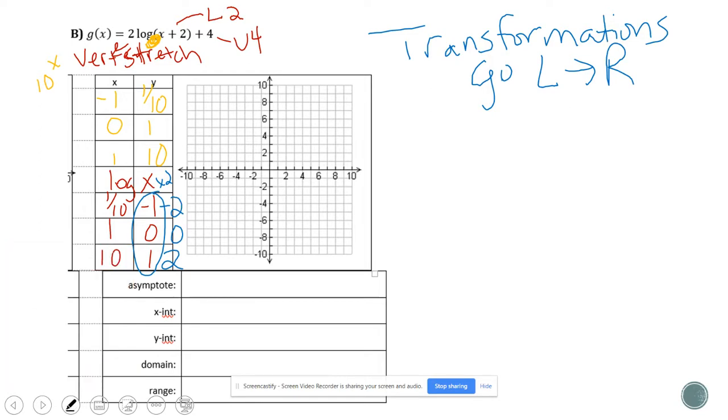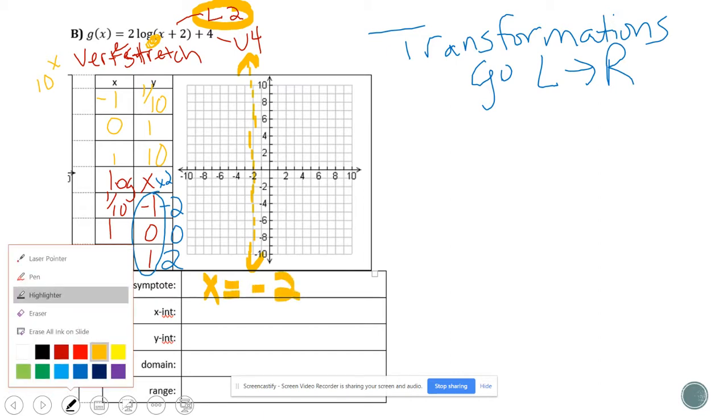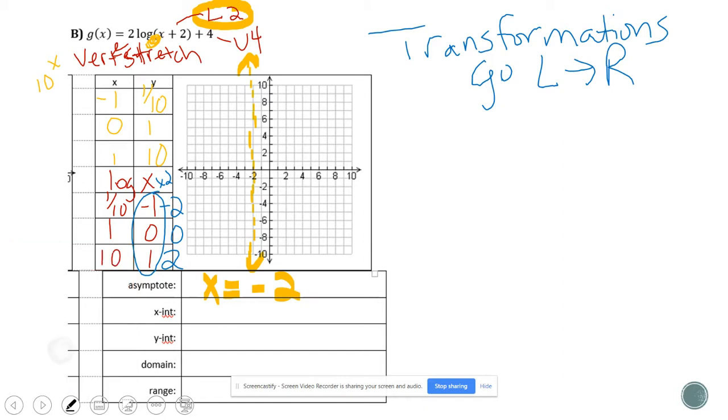I'm also going to go ahead and draw in my asymptote. If our graph went left 2, so did our asymptote, which means our asymptote now is that x is equal to negative 2. So I'm going to take each of these points and move them left 2, up 4.